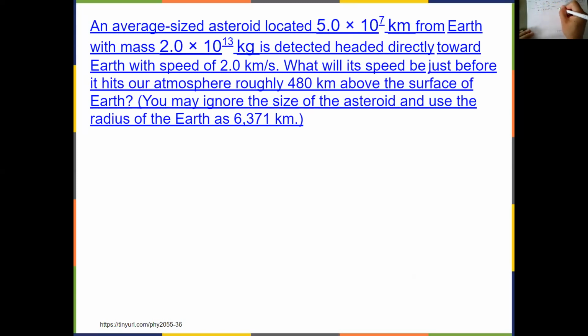Small m is the asteroid, 2.0 times 10 to the 13 kilograms. The original distance of 5.0 times 10 to the 7 kilometers, you can assume, is from the surface of the Earth. So apply conservation of energy again and figure out the new speed when it just hits the atmosphere.